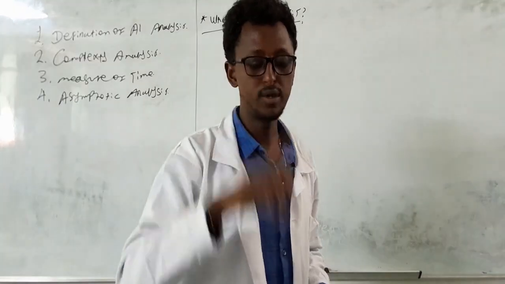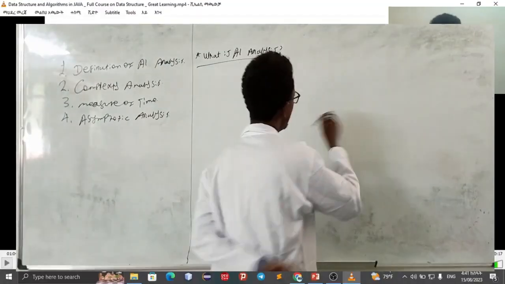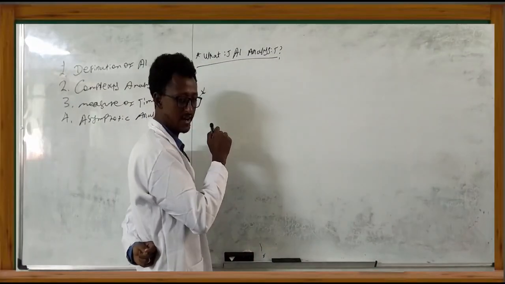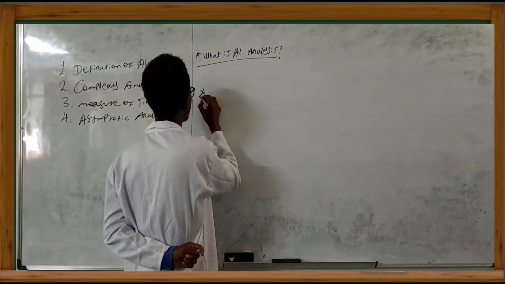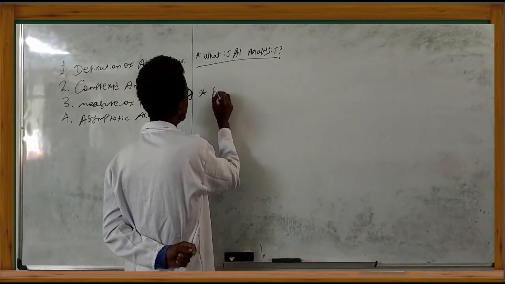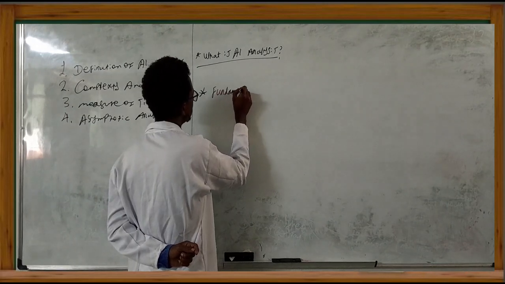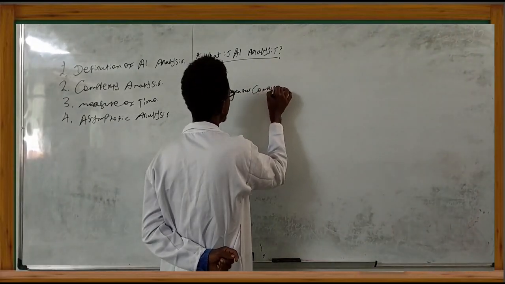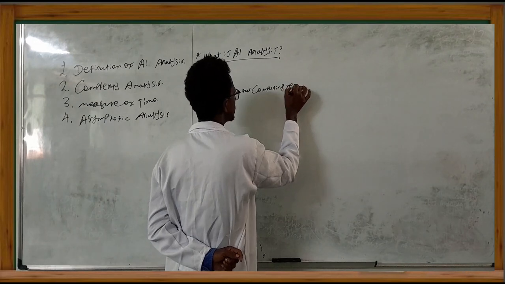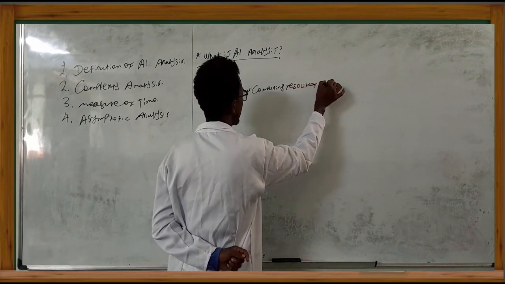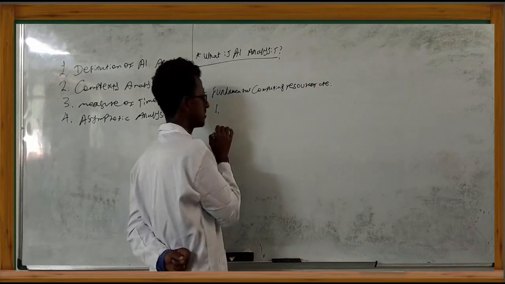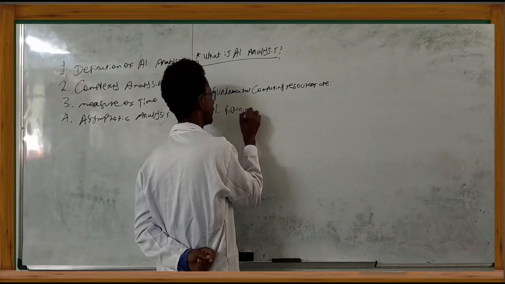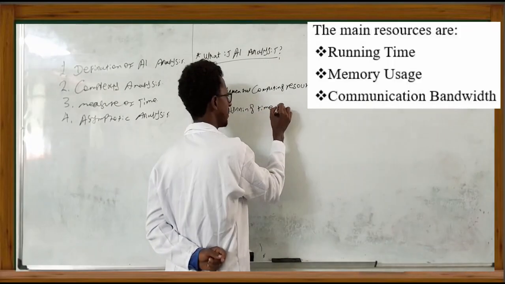Basically, the running time, memory usage, and communication bandwidth are the fundamental or basic resources in a computing environment. The first one is the running time of the algorithm.